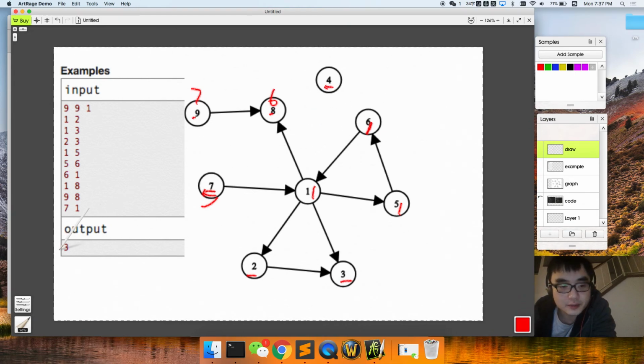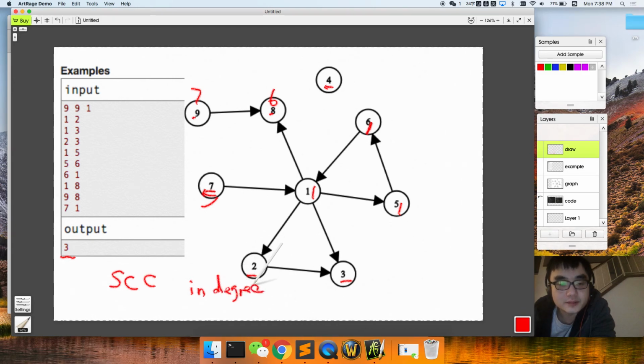So how can we find how many edges we need to add into the graph? Let's count how many SCCs do not have in degree, right?